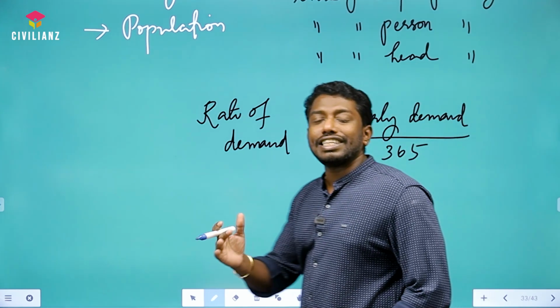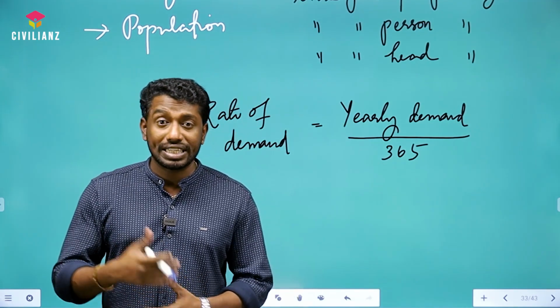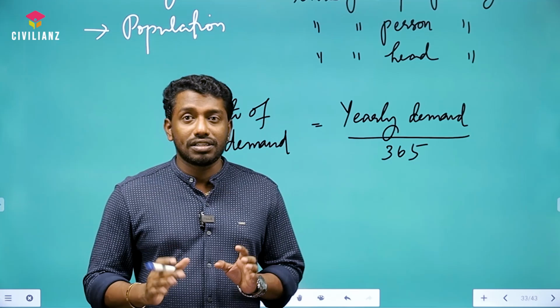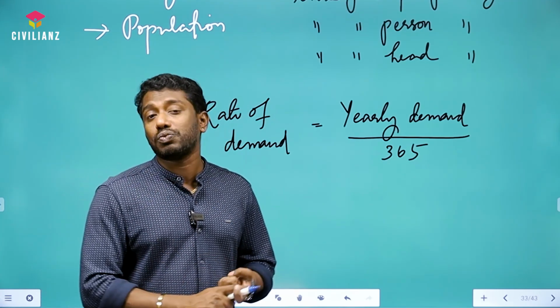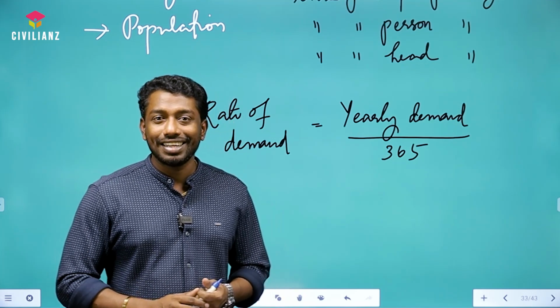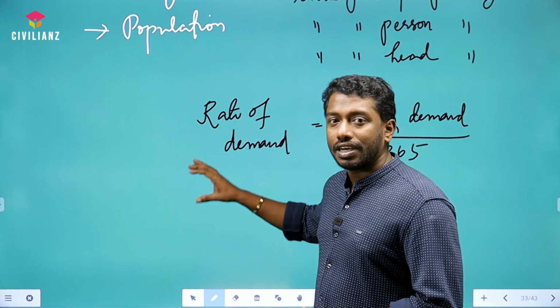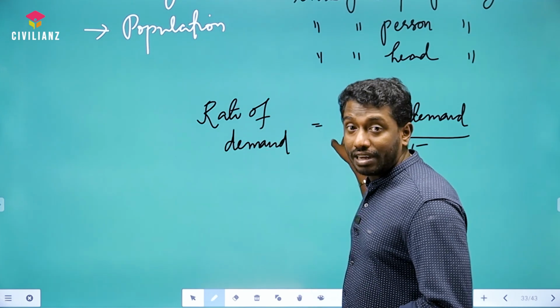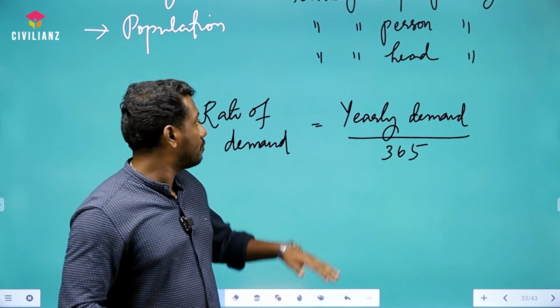We are calculating rate of demand like this because seasonal variations can happen, right? For example, in rainy season, we consume comparatively less water when compared to hot summer season, right? So, due to that seasonal variation, we first calculate yearly demand and then divide it by 365 to find this rate of demand.